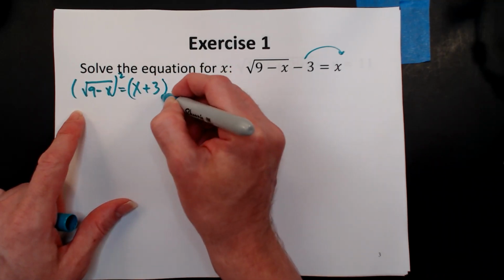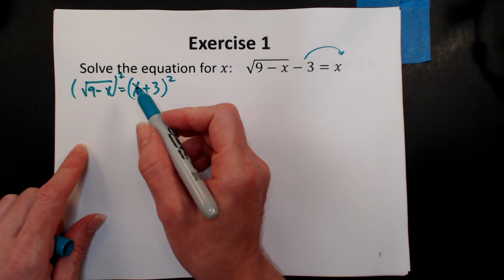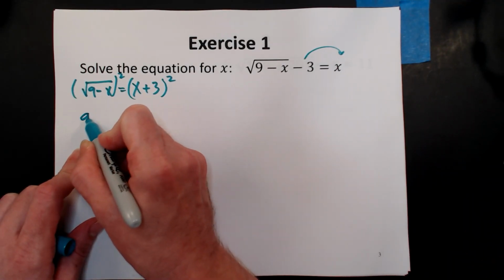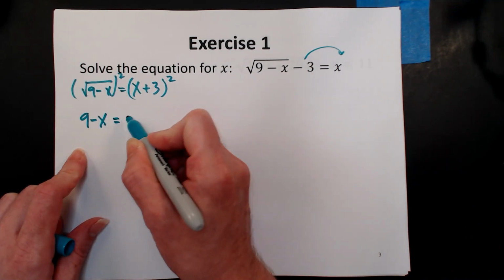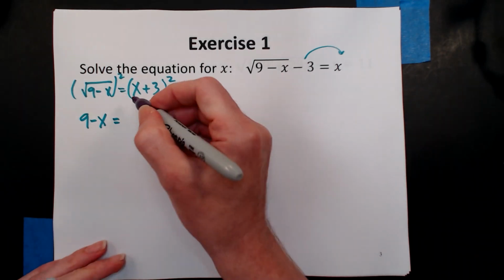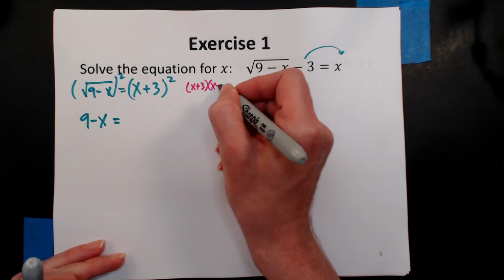Now, in doing this, I may end up creating a root that didn't exist before. We'll talk more about that in a moment. So I'm going to square both sides, and I'm going to get 9 minus x equals, and I'm squaring this out. So remember, I have to multiply this by another. So this is essentially like saying x plus 3 times x plus 3.